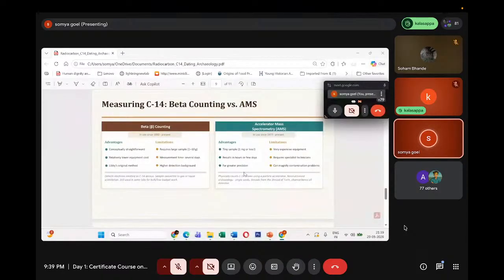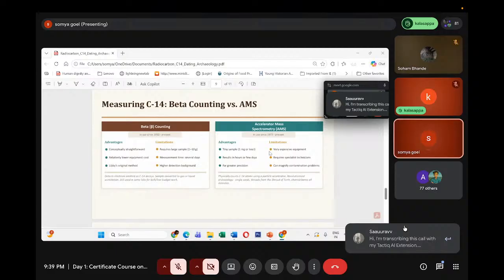or maybe 40, etc. But then yes, it also has its own limitations. It is very expensive. When I was searching about it, I'm not sure what the actual cost is, but it is around $2 million. It is expensive, and it also requires specialist technicians.